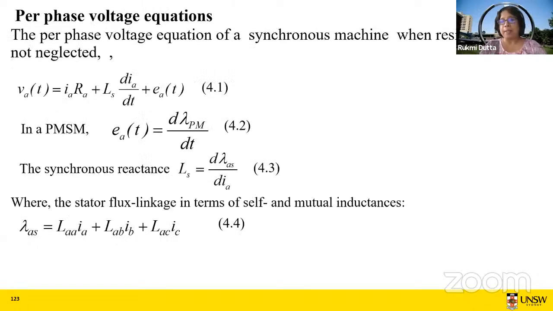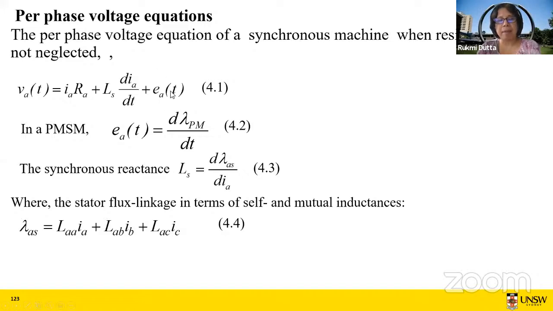Now let's start with something that we have already learned, the voltage equation of a synchronous machine. You may recall from our first or second day lecture that the phase voltage in the time domain equals the resistive drop in the winding, plus the voltage drop in the synchronous inductance, plus the back EMF.